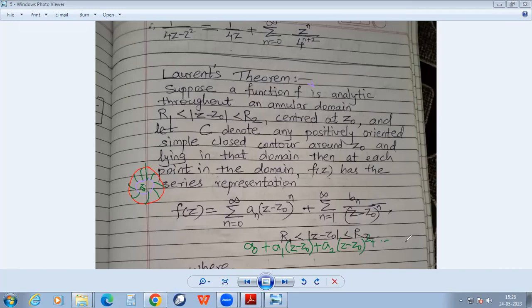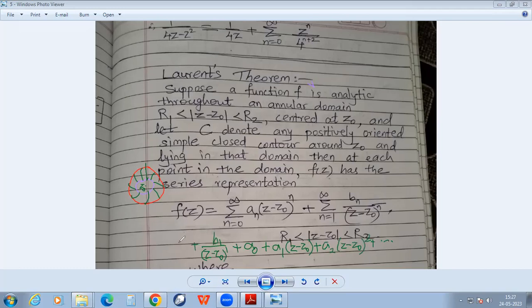I think there is no issue with the positive powers. The issue comes when I talk about negative powers. It is now n equal to 1. So this is going to be b1 divided by z minus z naught raised to 1. Followed me?